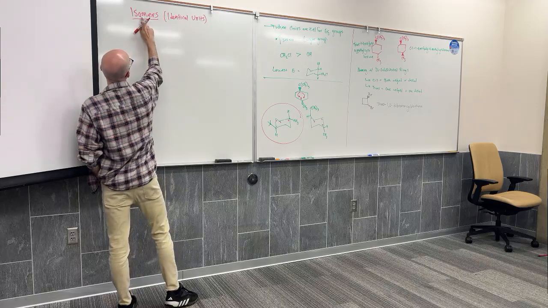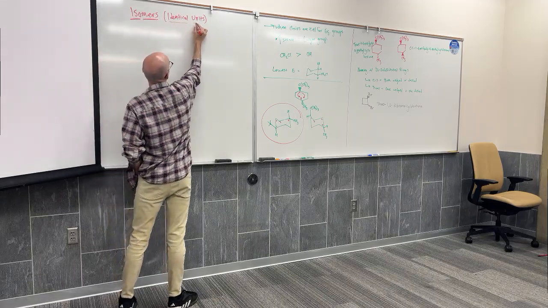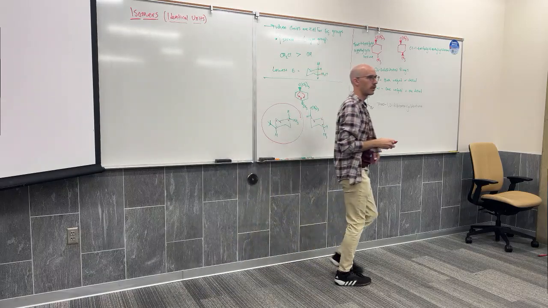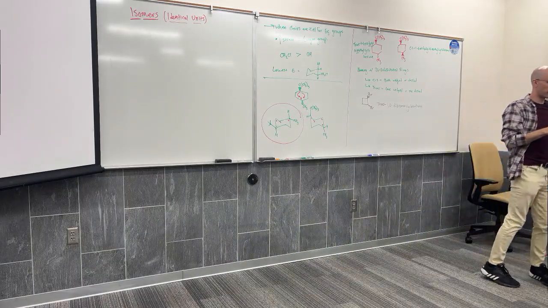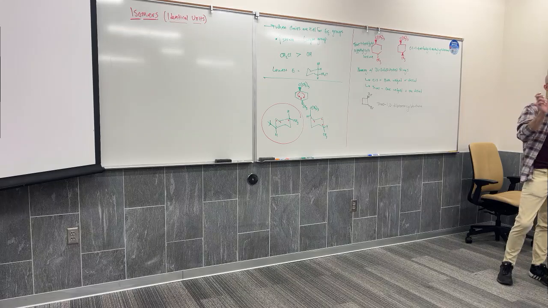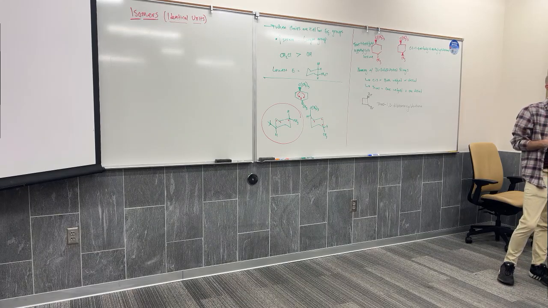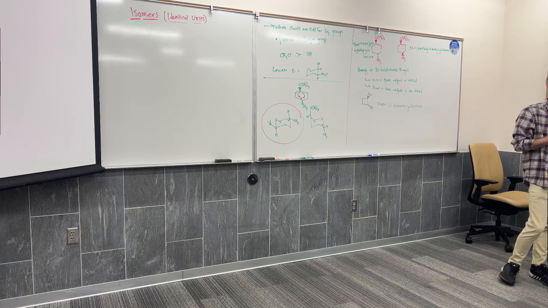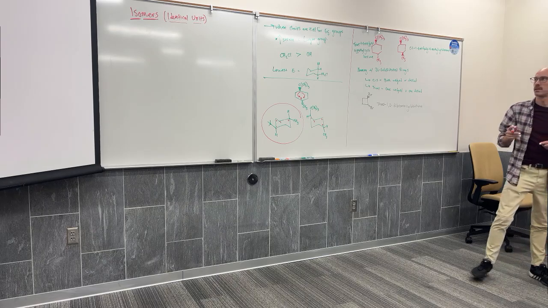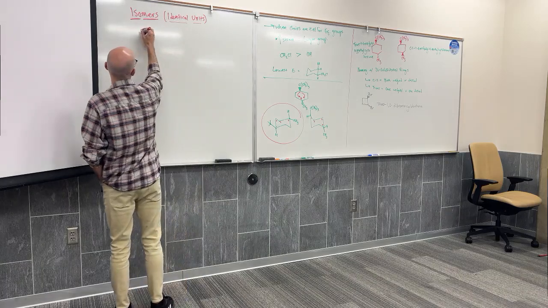It comes from 2 words, actually, isomer, meaning identical units. You guys have heard of polymers. Polymers are multiple units. Isoelectronic species have the same number of electrons, identical. But there are a lot of different types of isomers.